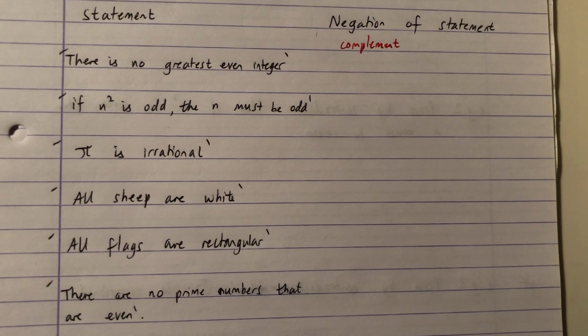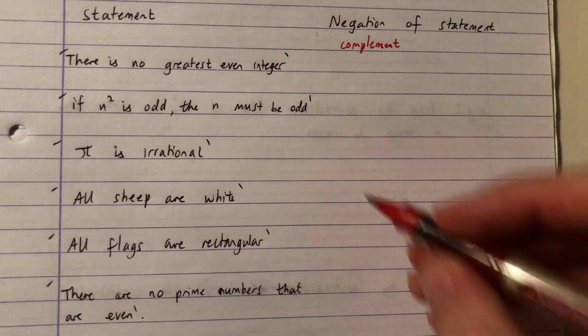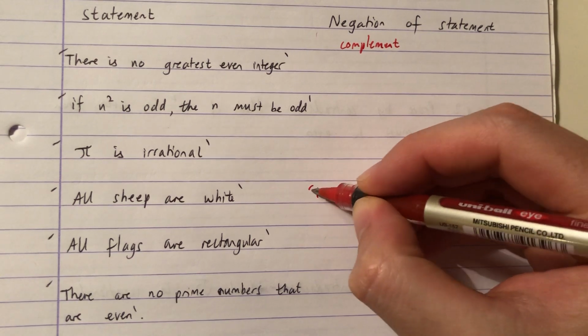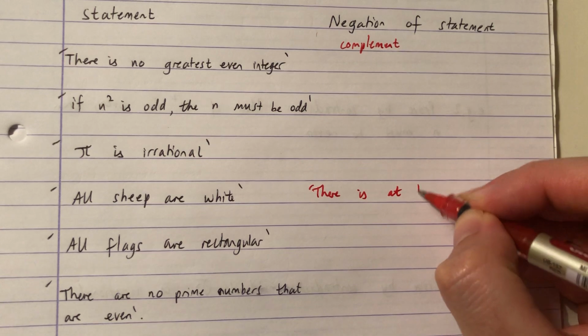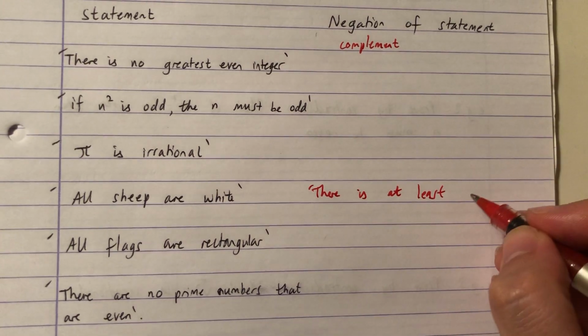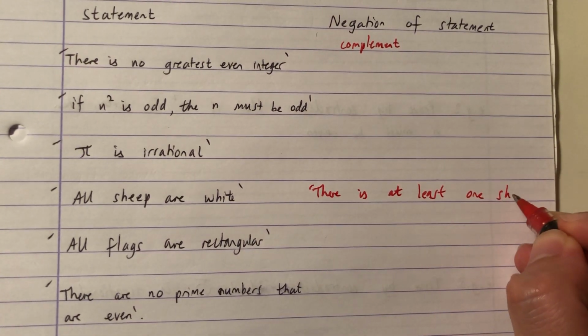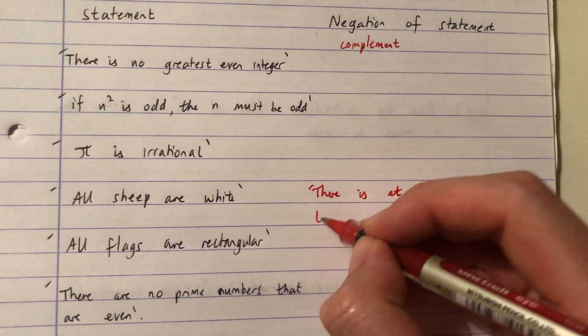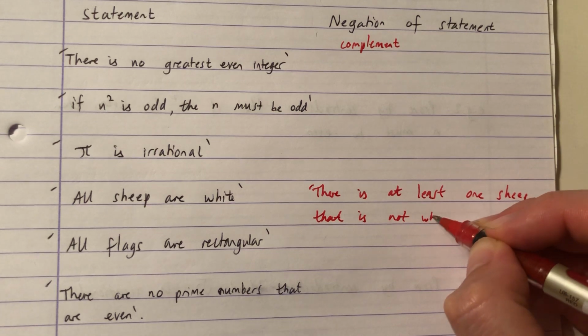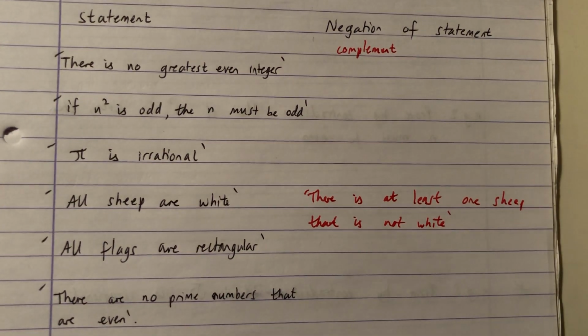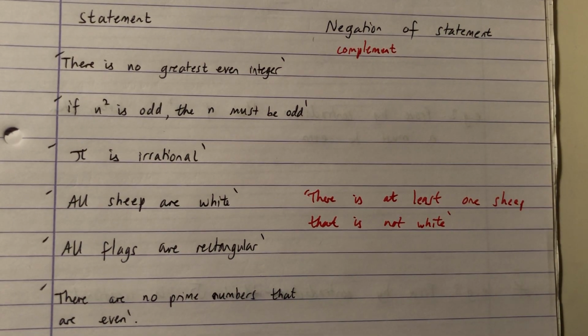So the true negation of this statement would be there is at least one sheep that is not white. Because they're making a very bold claim that all sheep are white, and your negation would be there's at least one sheep which is not white.